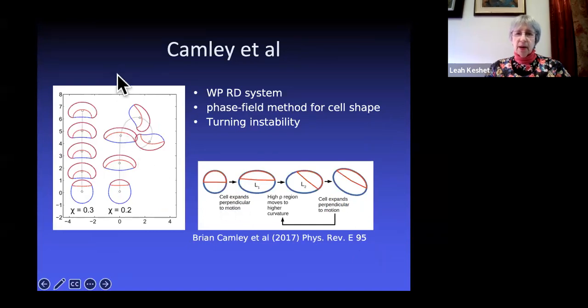And there's a lovely paper by Brian Camley that some of you might like to read, where he uses a very similar kind of internal cell reaction diffusion mechanism, but he does this on a deforming cell using the phase field method, which is used by many of the physicists, and they discuss this instability of cells that either have a straight trajectory or that turn and move around in a circular trajectory, depending on the relative tension at the edge compared to the outward forces of the protrusion.